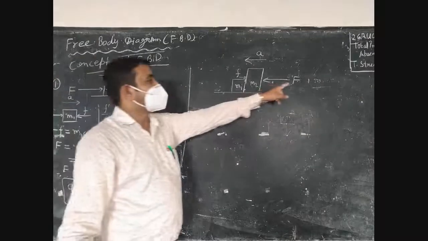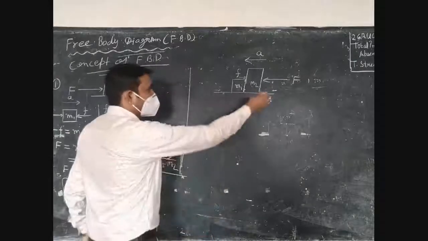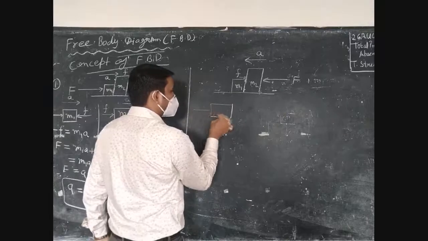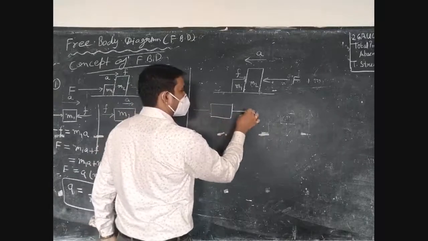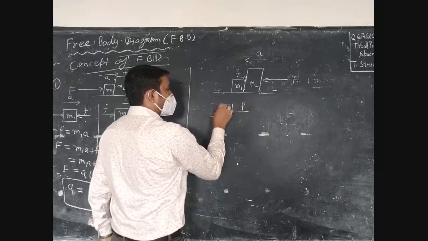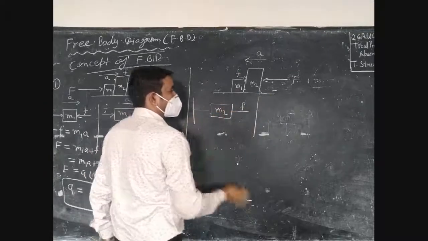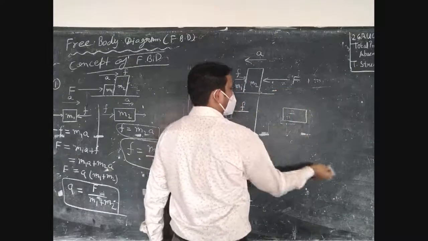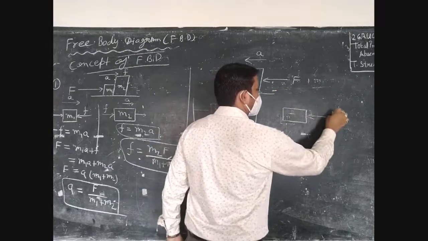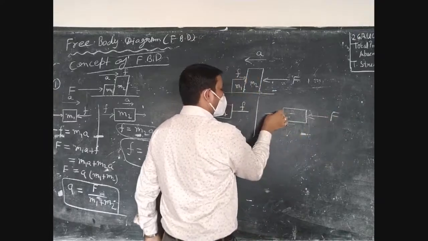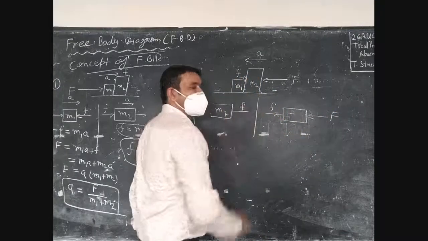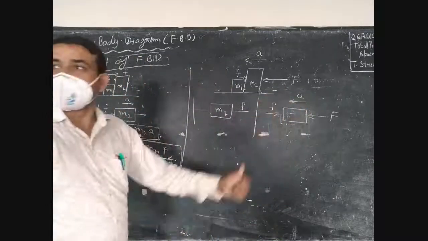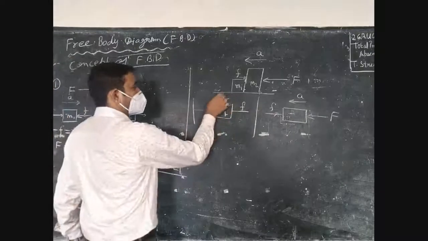Now, if you are solving for the second case, this is small f on m2, and for the second body the force is applied from here, and we find this small object opposing this force, and the body is moving in the opposite direction here.